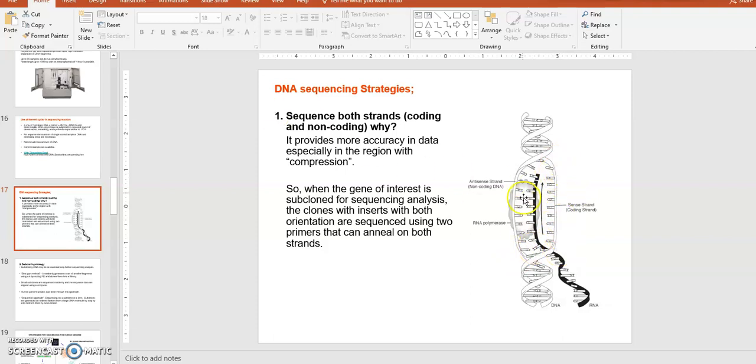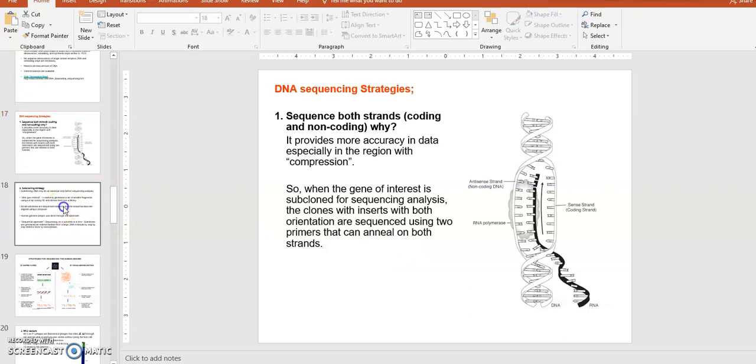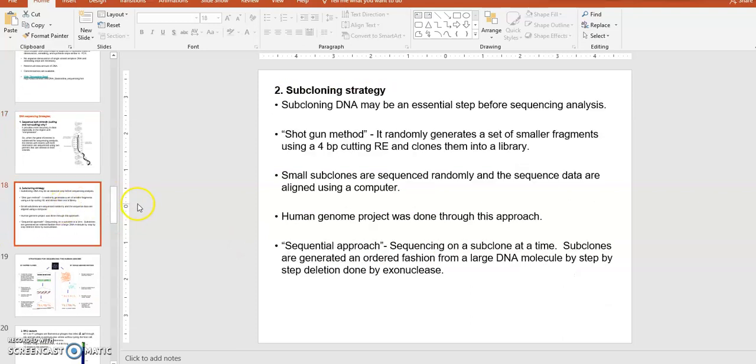So by sequencing out both strands, you will make sure that what you identified is correct for the accuracy of it. Okay, it's because there is this compression based on secondary structures. There's maybe some ambiguity in your sequencing results. Then that ambiguity could be solved if you sequence both strands. If they are matching sequence you can get, and that's a better result, right?